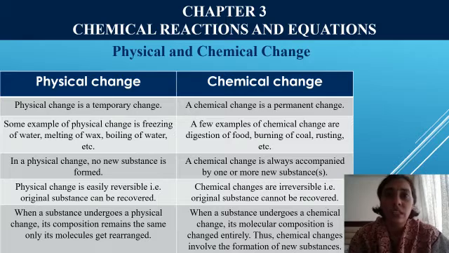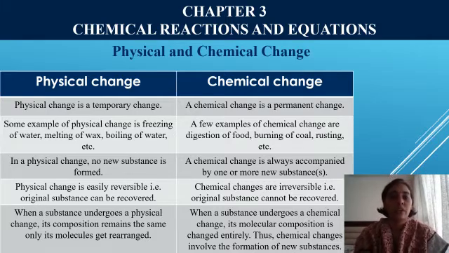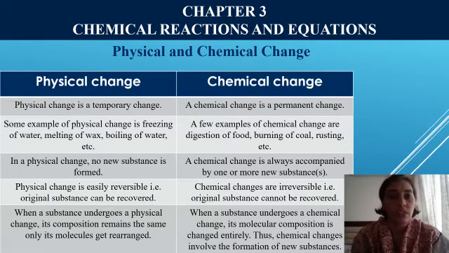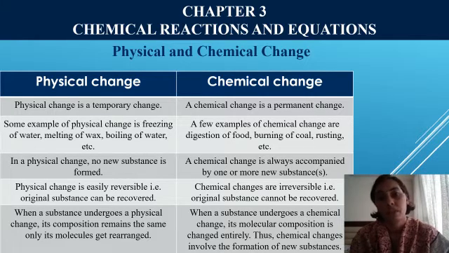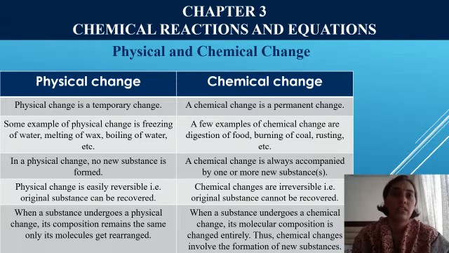They are very easy, and let us just go through them. The very first point is physical change is a temporary change, a chemical change is a permanent change. So the best example that we always give is of water. When water is frozen, it gets converted into solid, that is ice, and when water is heated, it gets converted into vapor.